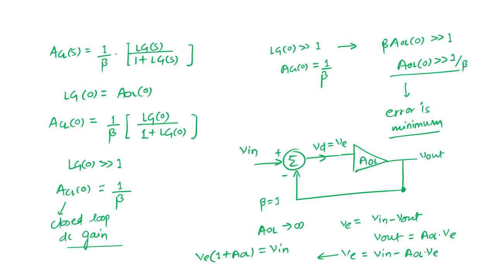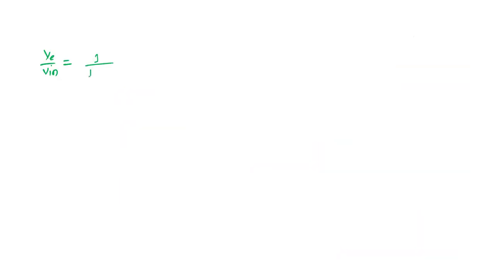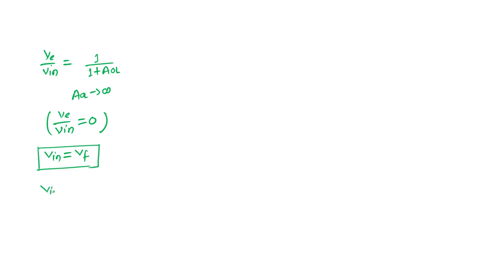So the relative error, the error with respect to the input, comes as 1 upon 1 plus AOL. If AOL is infinite, this relative error comes to be 0. What does it mean? For the unity feedback system, my input voltage equals the feedback voltage, that is, my input voltage equals beta times the output voltage.